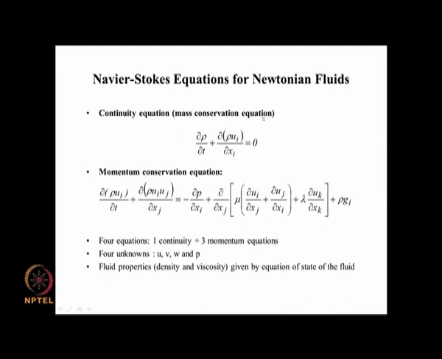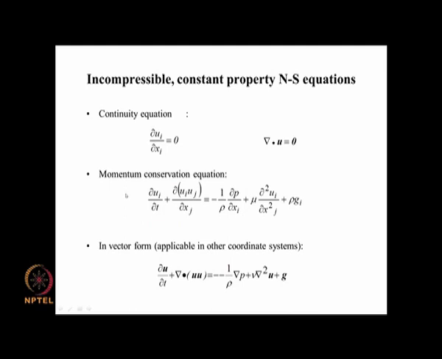Rho can be taken out and taken to the other side, so you have ∂u_i/∂x_i equal to 0. That becomes the continuity equation. Here rho can be taken out and put as 1/rho, and mu can be replaced with the kinematic viscosity. Since ∂u_i/∂x_i equals 0, therefore ∂u_k/∂x_k equals 0. So this whole second coefficient drops out, and you have a simplified momentum conservation equation, which is like this.